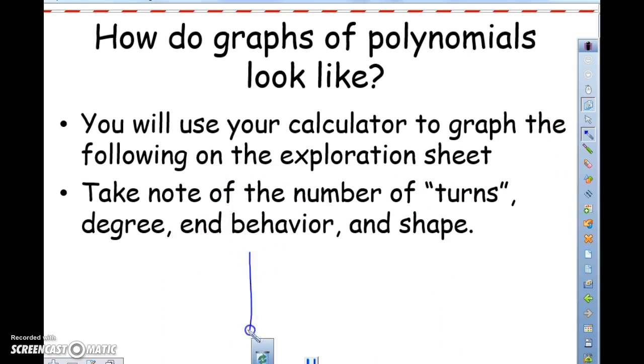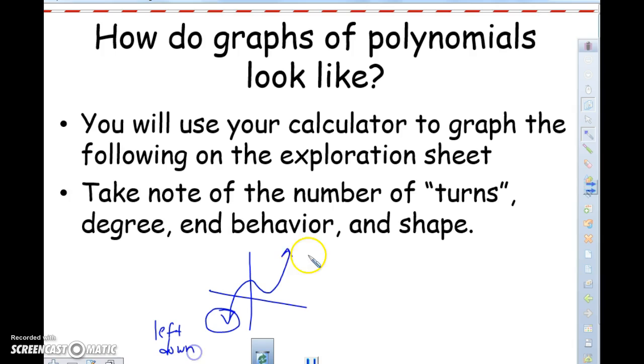If you graph something in your calculator and it did something like this, on the left it's pointing down, so we write left, down. And over here on the right, it's pointing up. So the end behavior means where it's pointing on the left and the right-hand side. And from that, you should come up with some conclusions.